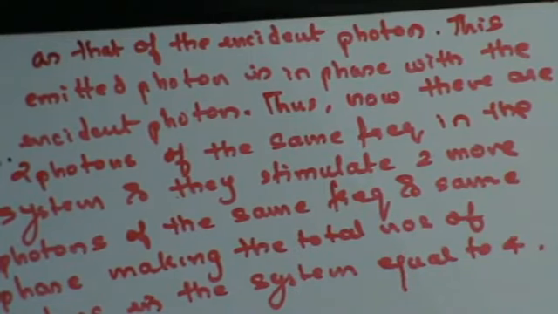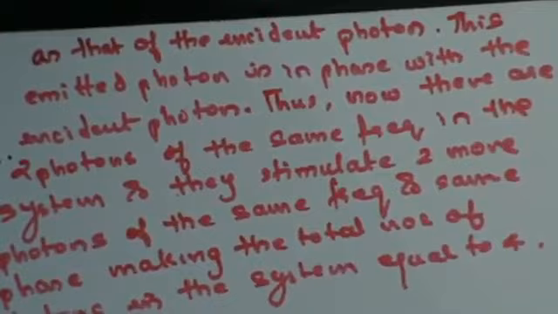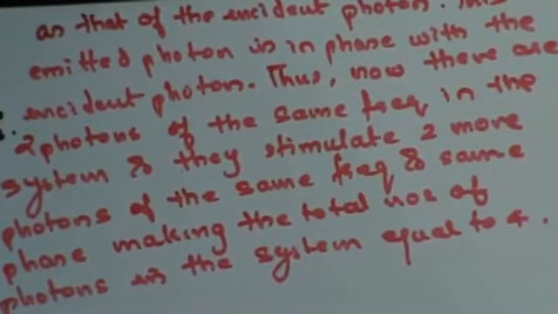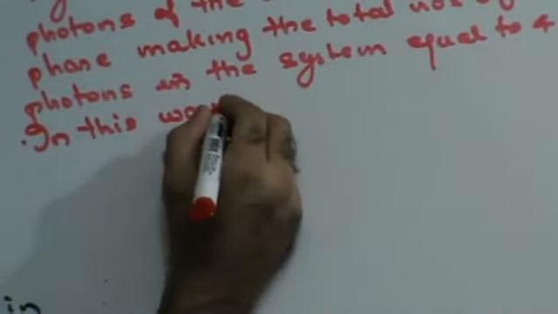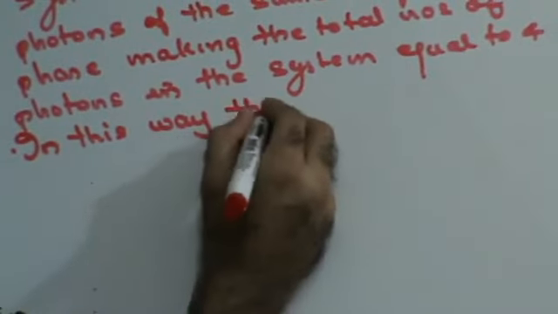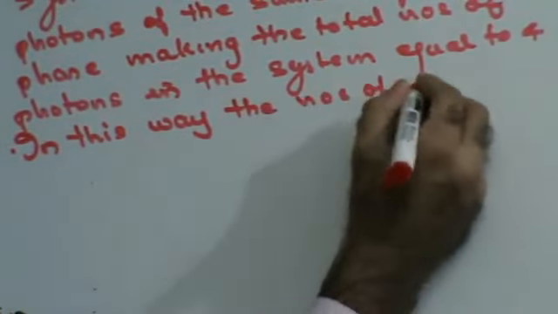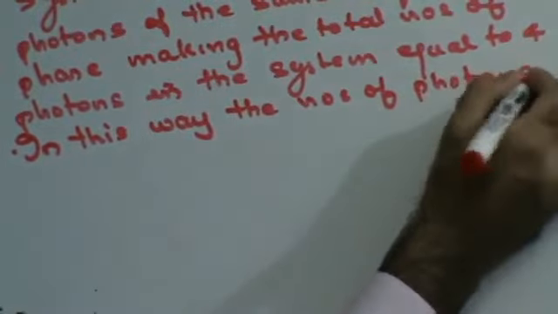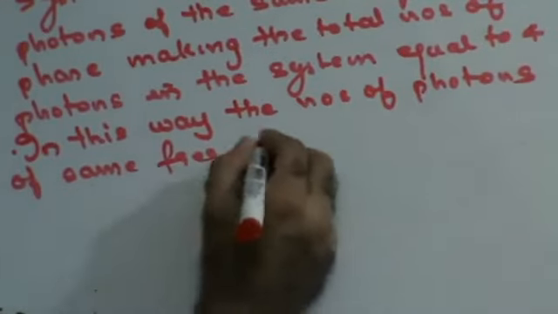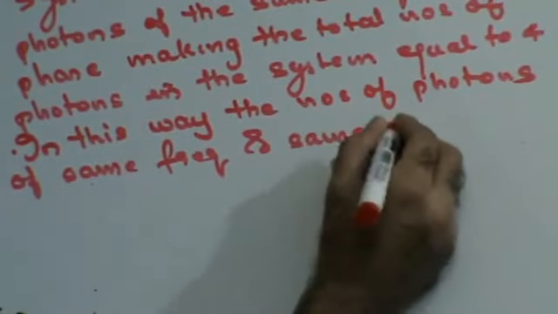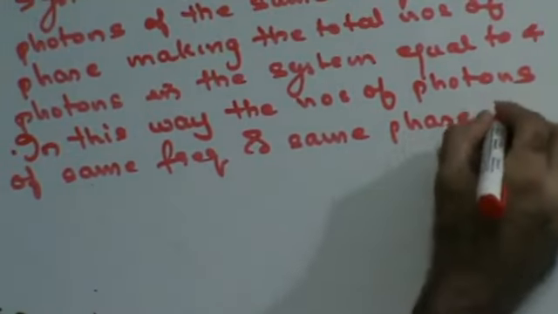In this way, the number of photons of the same frequency and same phase increases twice every time.